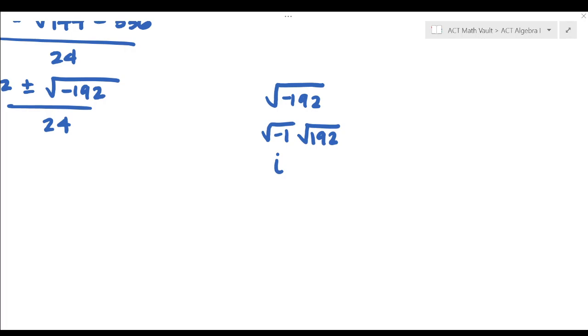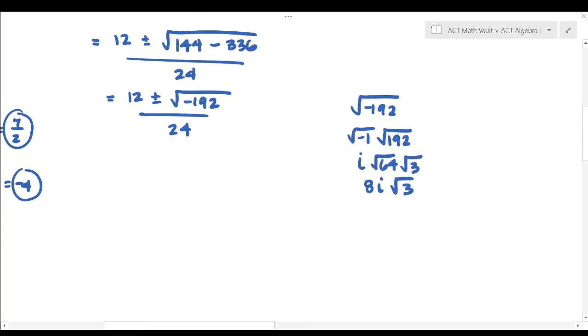So, if you pull out the biggest perfect square, 64 actually goes in 3 times to 192. So this would then simplify to 8i root 3. And that is what needs to go into the negative 192. So it would be 12 plus or minus 8i root 3 all over 24.